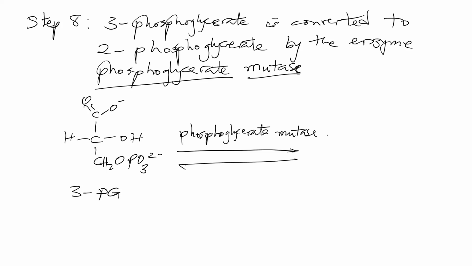Then we are forming 2-phosphoglycerate. So this is a reaction in which you are just changing the position of the phosphate group. So that is 2-phosphoglycerate.